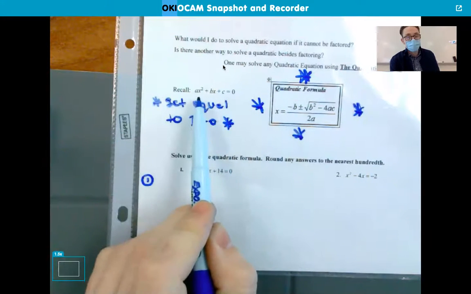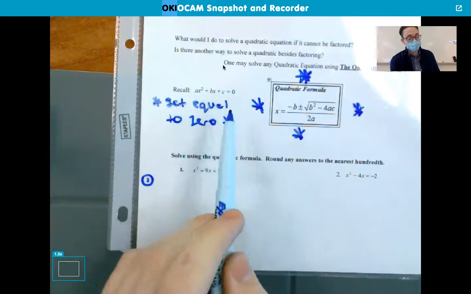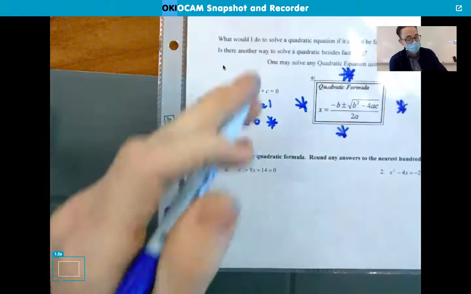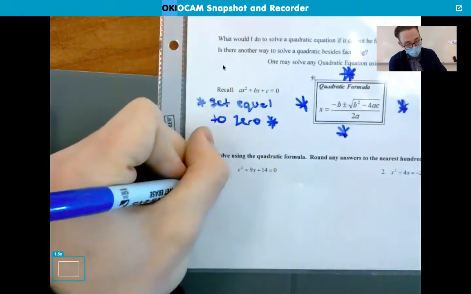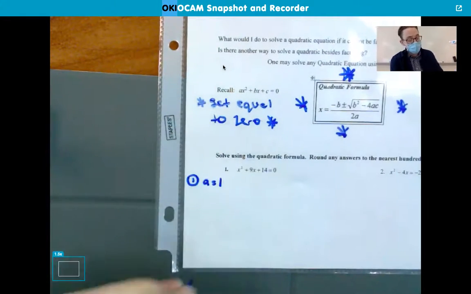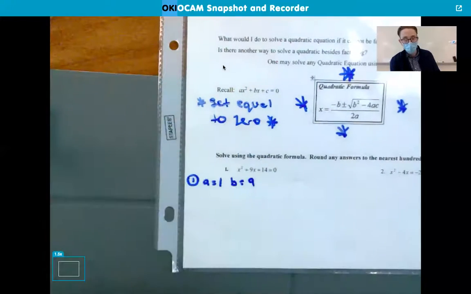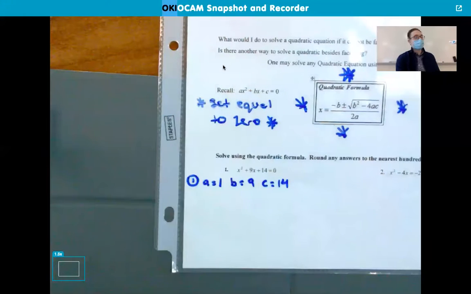A is always in front of x squared. B is in front of the x, C is that constant term at the end there. So in this case, A would be the number in front of x squared, or just 1. B would be the number in front of x, or just 9. And C would be the constant term there on the end, which is 14.